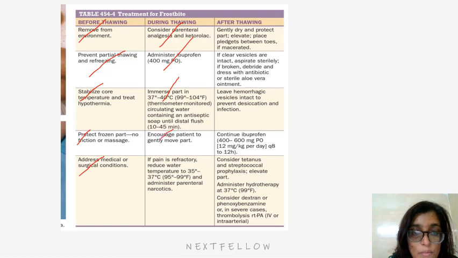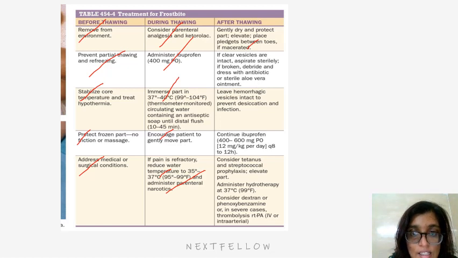Encourage patient to gently move part. If patient is refractory, reduce water temperature to 35 to 37 and administer parenteral narcotics. After thawing, gently dry and protect part, elevate and place pledgets between toes if macerated.